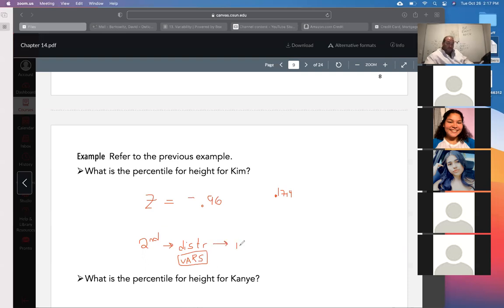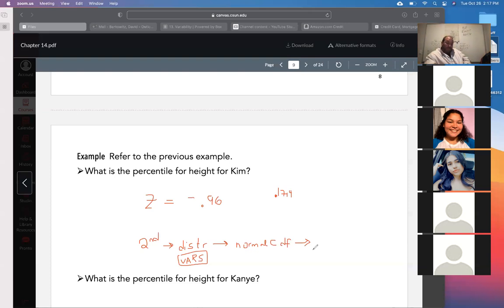And then from there, I want you to go to normal, because it's a normal curve. Normal CDF. When you get there, it should look something like this. It should have lower, upper, mu, sigma, and paste. You with me? Lower, upper, mu, sigma, paste.